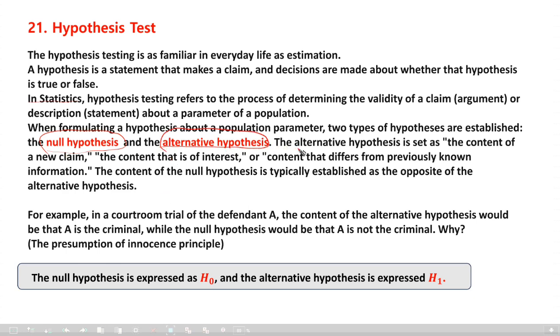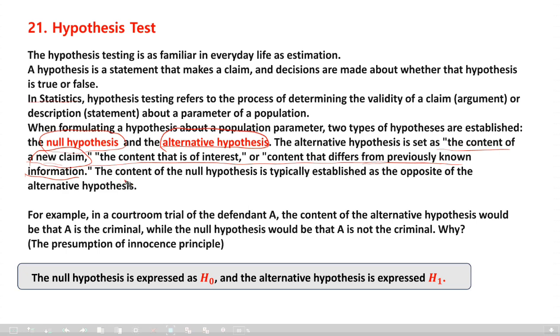The alternative hypothesis generally contains a new claim, contents that are of interest, or contents that differ from previously known information. You understand these wordings? Okay. Let me take some examples later today.